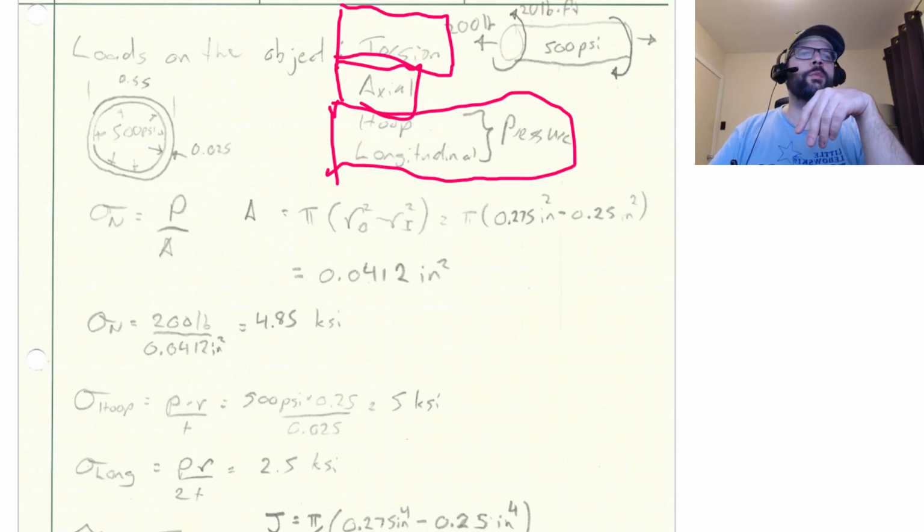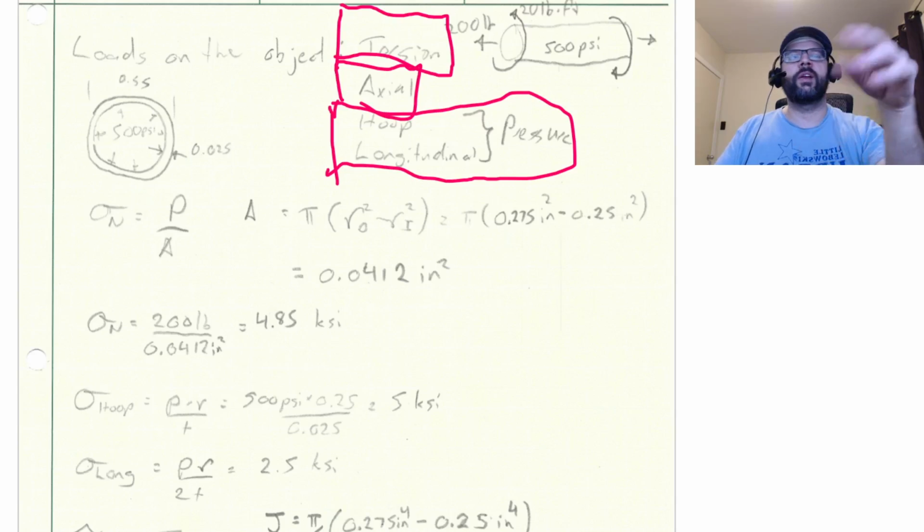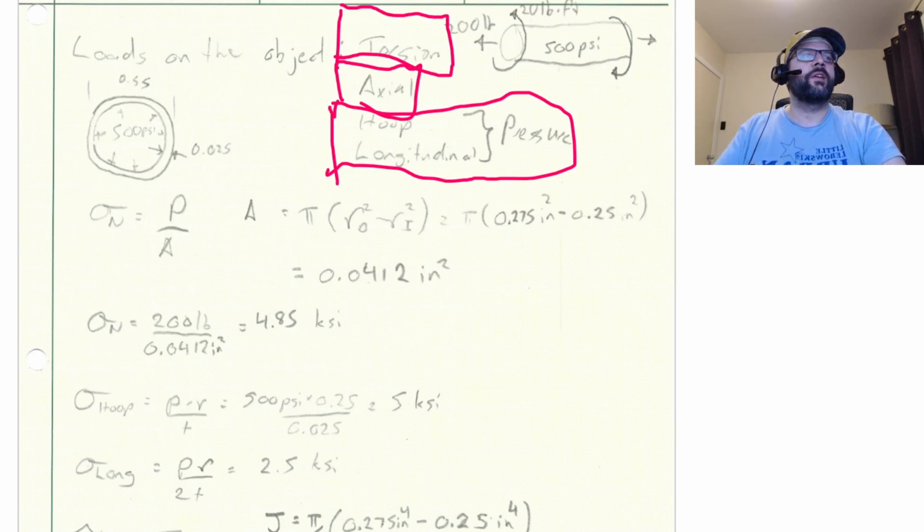That's usually fairly simple. So the normal stress caused by an axial load is just the load divided by the area. Area in this case, pi times the outer radius, the radius of the outside squared, minus the radius of the inside squared. So again, the inner diameter was 0.5 inches.